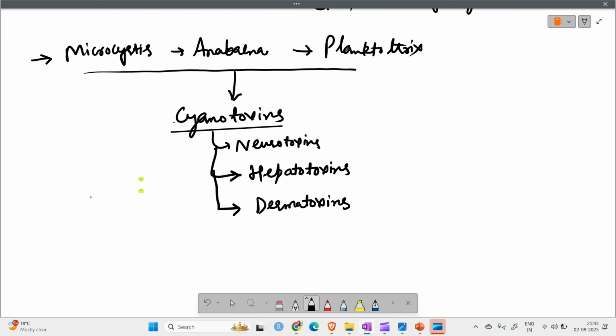And there is one more thing: cyanobacteria also cause black band disease of corals. Okay, what is this black band disease? It's a consortium disease caused by a consortium of bacteria, and this happens when some cyanobacteria turn into heterotrophs or rather parasites as well.